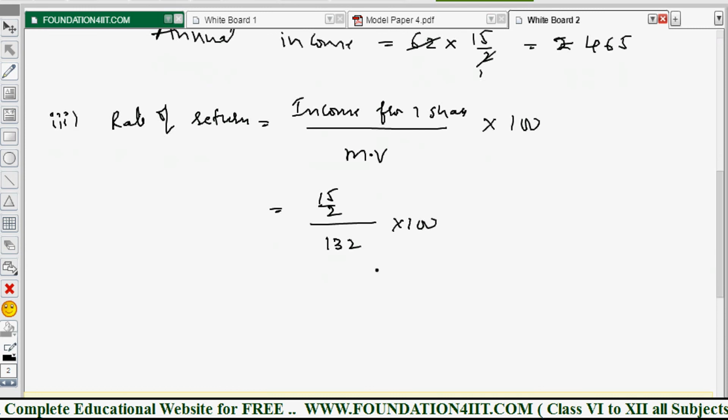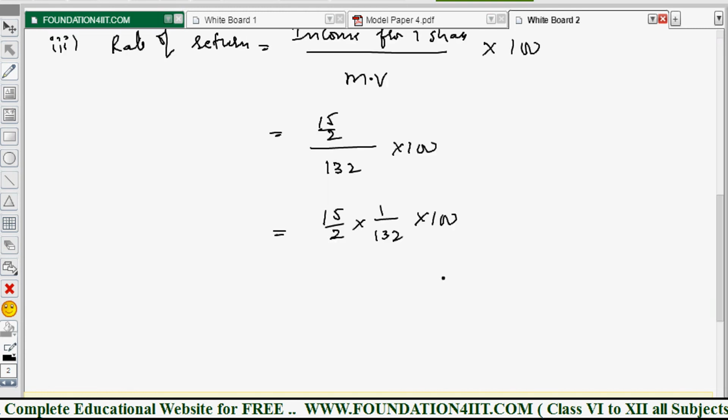Let's simplify this. 15 by 2 into 1 by 132 into 100. Okay, we'll simplify. 2 1s are 2, 50, and this is the cancellation of everything. 2 6s are 12, 2 6 to 6, and 25.